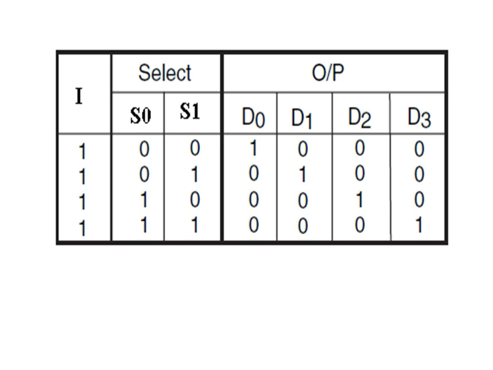In depth, you can check the demultiplexer according to the formula. When you select 0 0, your output D0 will be activated. It is like allowing that particular person to sit in the class.